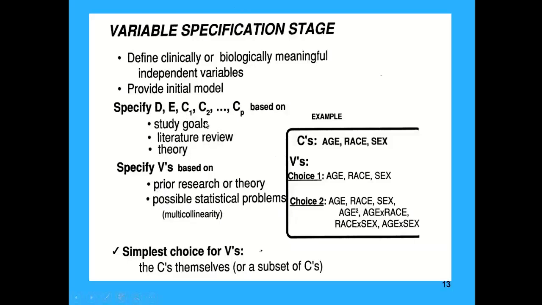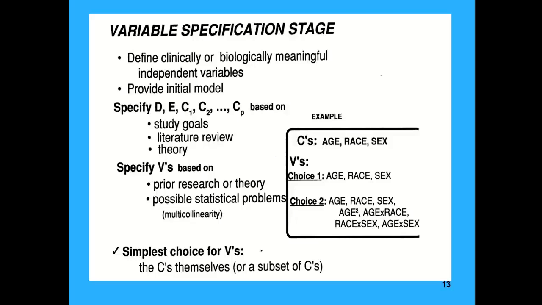But remember, in the classes that Eli and I taught last semester, there's this EVW model. When you consider what variables to control for, as potential confounders or potential effect modifiers, you might want to consider not only the C's, but functions of the C's. Like you may have age, but you might also want to put age squared in the model.